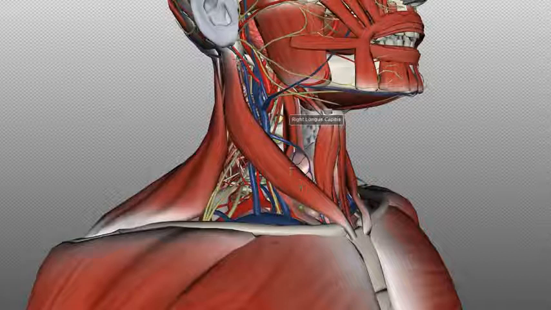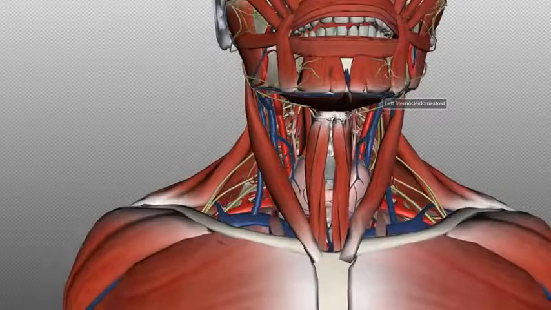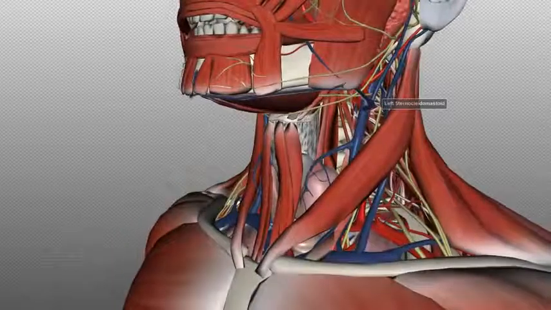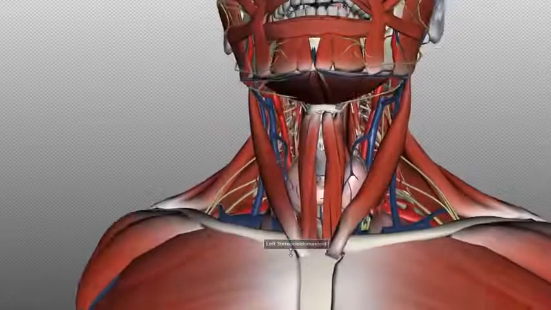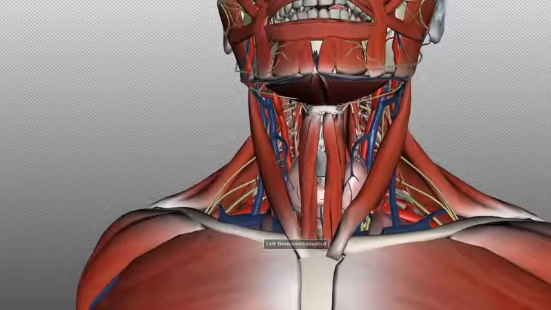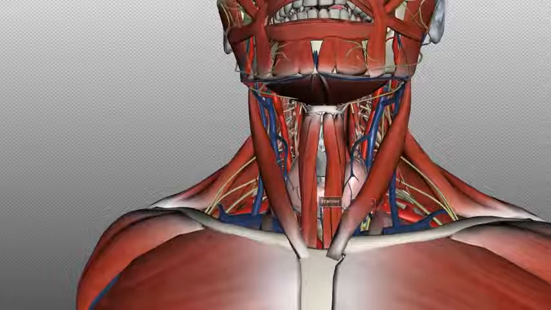So the triangle is this here. You've got the inferior surface of the mandible forming the superior border, you've got the anterior border of the sternocleidomastoid forming the lateral border, and the midline of the neck, which runs right down here, forms the medial border. So that's the anterior triangle of the neck.